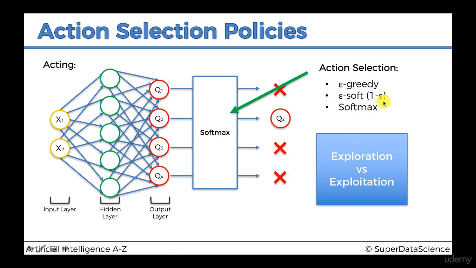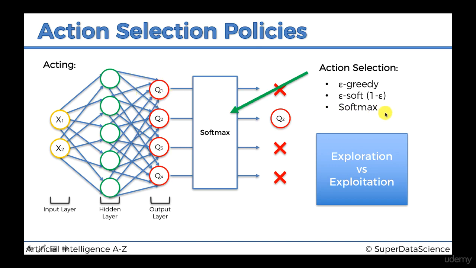Epsilon soft is the opposite. Basically, you're selecting the best action 1 minus epsilon % of the time. So if your epsilon is 0.1, or 10%, then only 10% of the time you're taking this action, and 90% of the time you're selecting a random action. So very, very simple, just inverted algorithms.